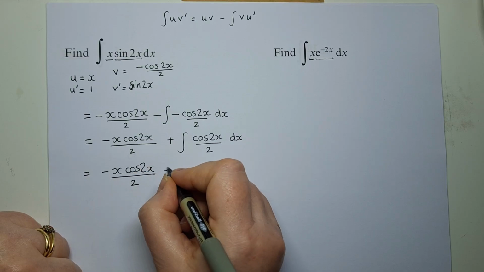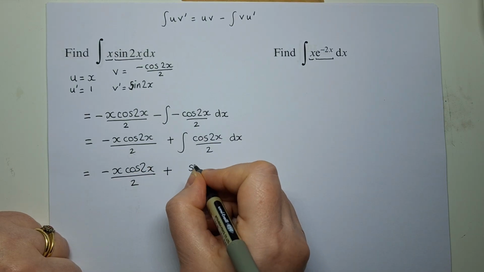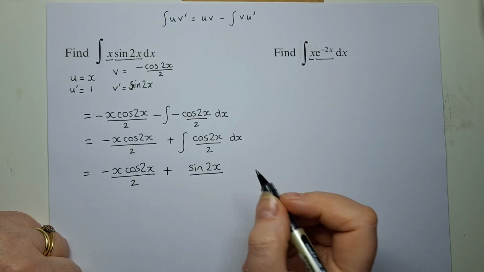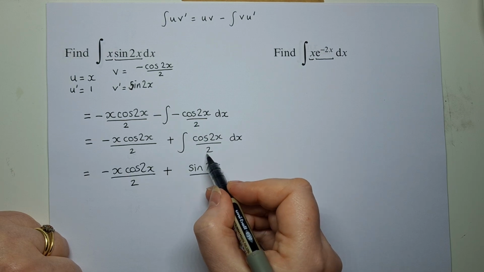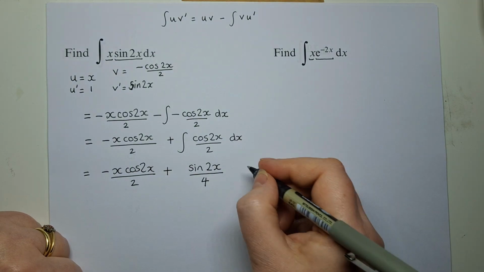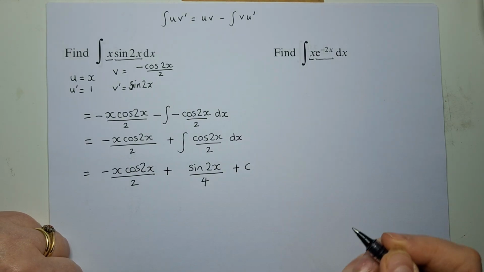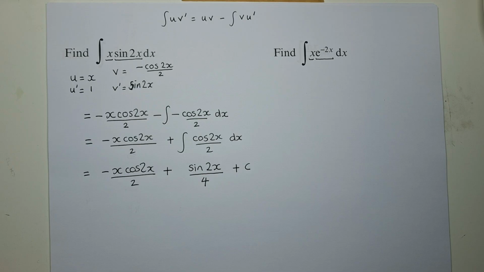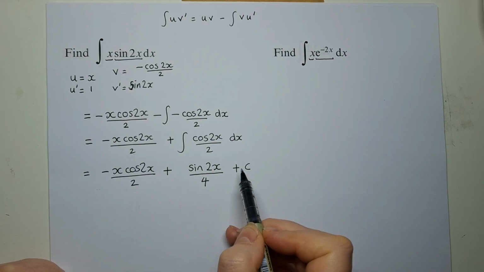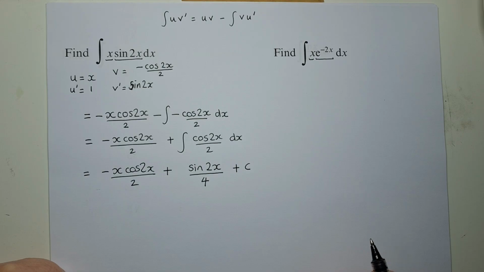So cos integrates to sine, angle stays the same, divide by the differential, which is a 2. We've already got a 2 on the bottom, so we have another 2 that comes to join it, and we end up with a 4 on the denominator. If there were limits, you would put brackets around the whole answer and sub the limits into both of them. Okay, if there are no limits, just put plus c on the end.